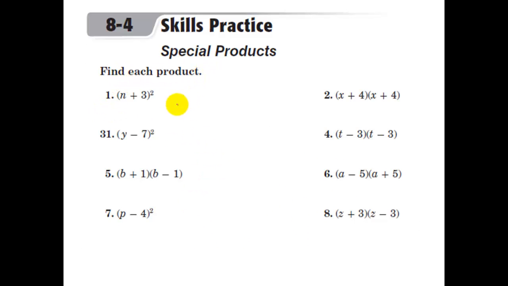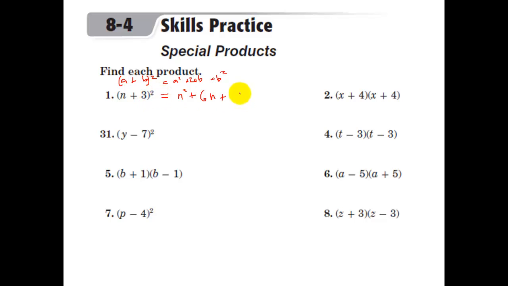Okay, first one, find each special product. This is a perfect square and it's a sum, so the formula is the first thing. So if this was a plus b squared, right? The first thing is a squared, but in this case it's an n, so I write n squared. Then I have plus 2ab. So I have plus 2 times a, which is the first thing, times b, which is the second thing. So 2 times n times 3 is 6n, and then plus the last thing is b squared.